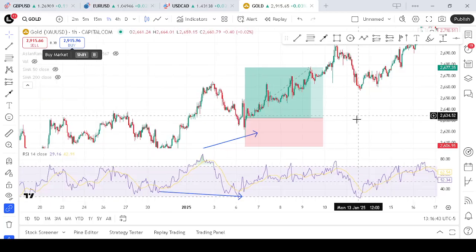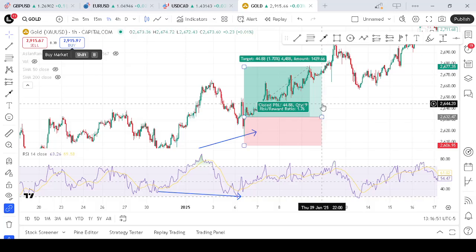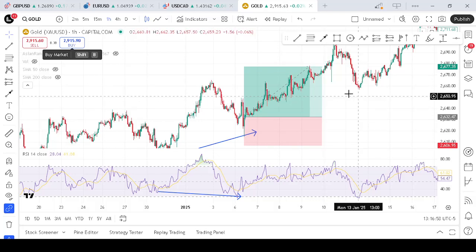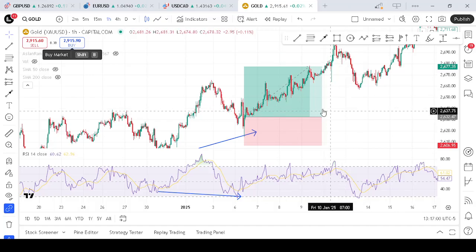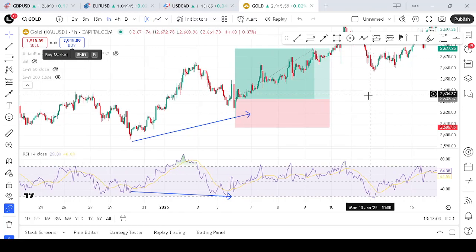Then we also have to consider our time frame. Hidden divergence can be applied across various time frames, but it's important to align your time frames for better accuracy. Use a higher time frame for the trend direction, and use a lower time frame for a precise entry.